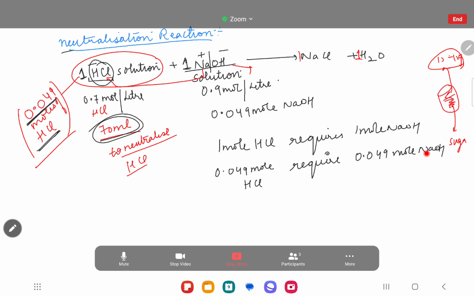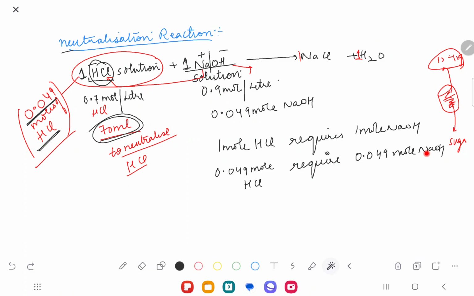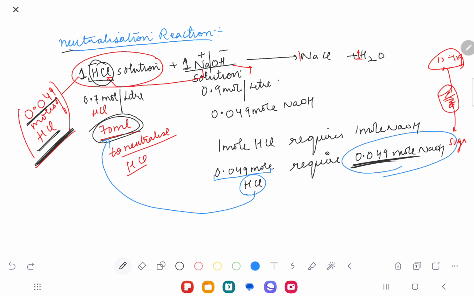That would mean that 0.049 moles of HCl was actually present in 70 ml. So I have to now find out how much volume of NaOH I would be requiring.